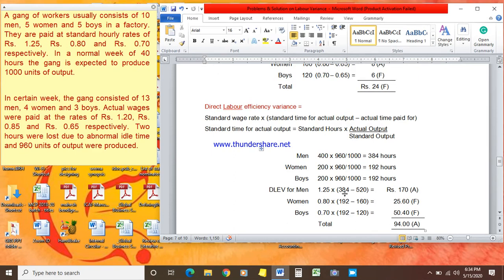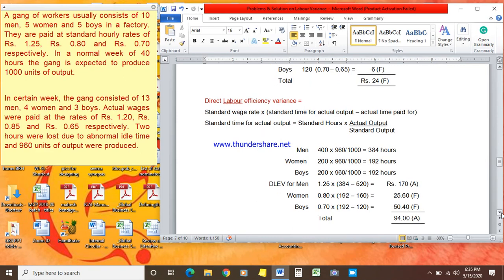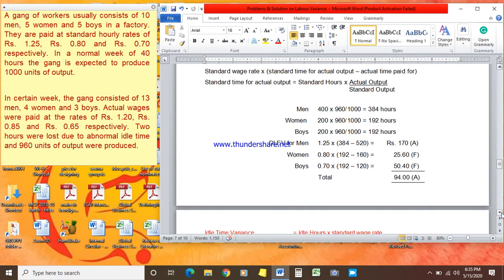By comparing that standard time with the actual time, the actual time spent by the men is more than the standard time, so there is an adverse variance. In case of women, the actual time is less than the standard, so it is favorable. In case of boys also it is favorable. Hence the labor efficiency variance we get as adverse. It is 94 rupees adverse.